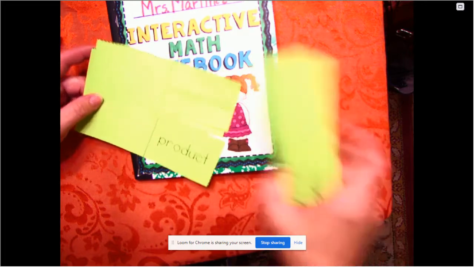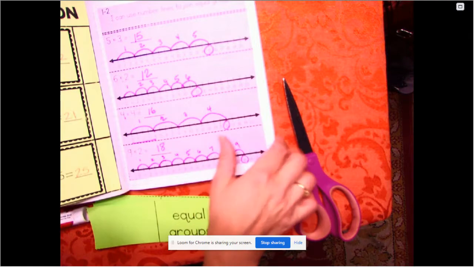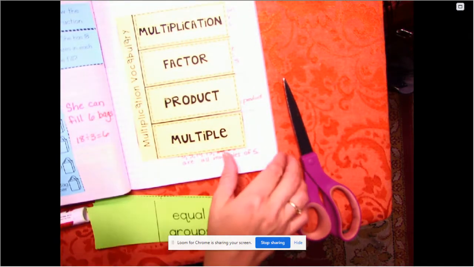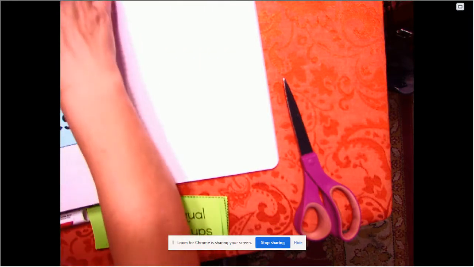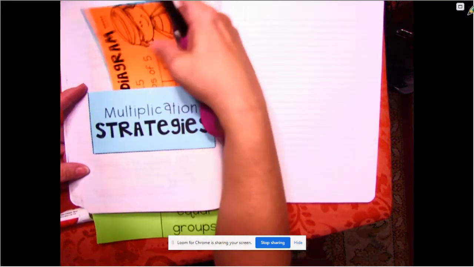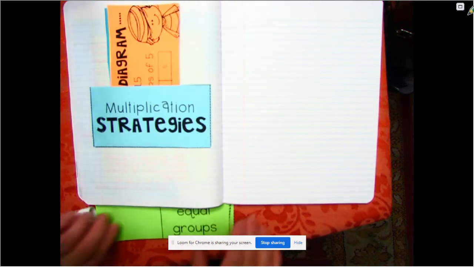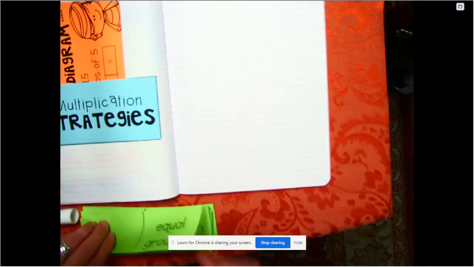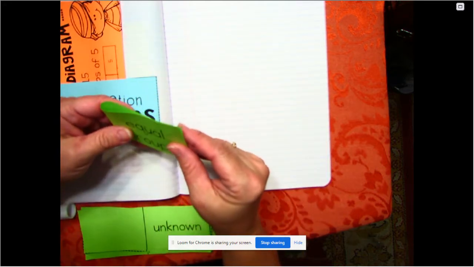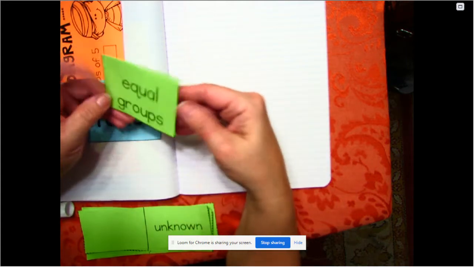Okay. So I'm going to put them here, open up our page to the first clean page that we have. Kind of fun. We're getting all these neat things in our book. All right. So the last one we did was our multiplication strategies that are just loose in here. Try to keep them in there so they won't fall out. All right. So take your equal groups, and what you're going to do is fold it in half and crease it in the middle so that it's like a little book.